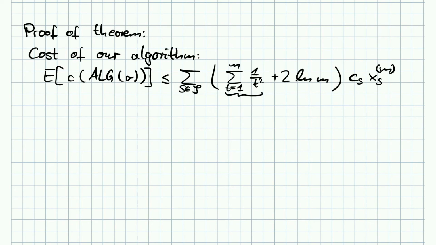Now, this finite sum we can also bound by the infinite sum going up to infinity, and then this will be pi squared over 6.